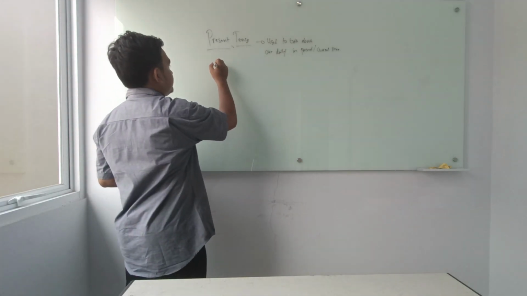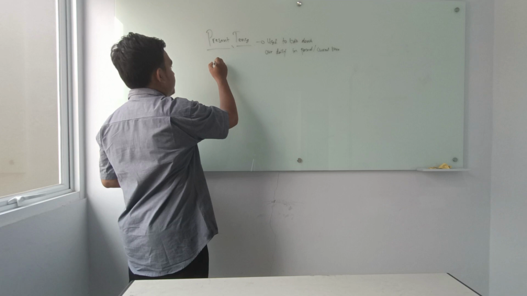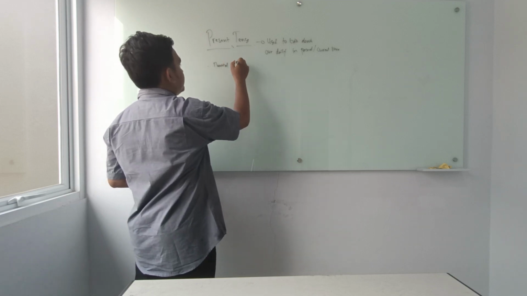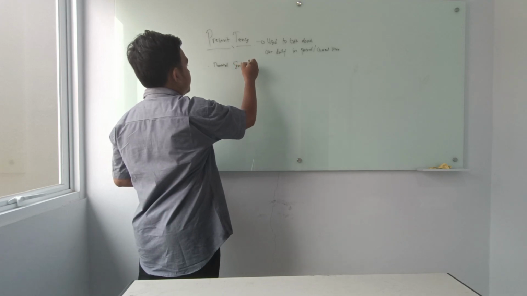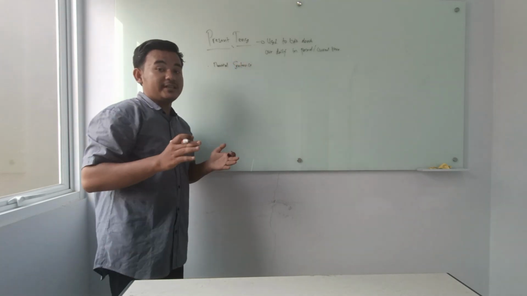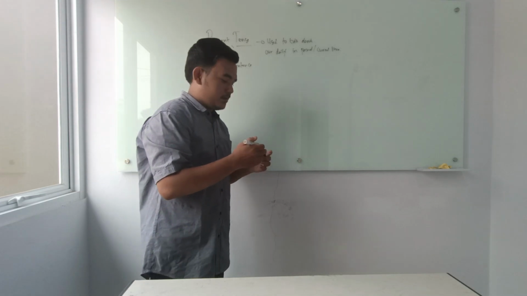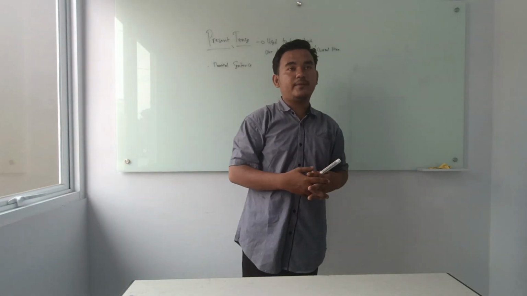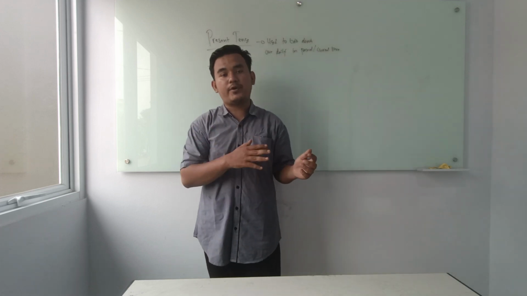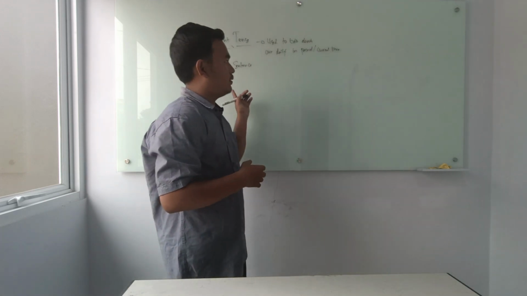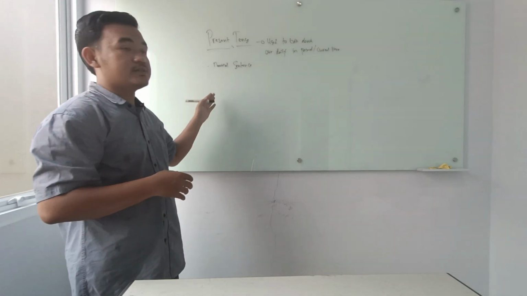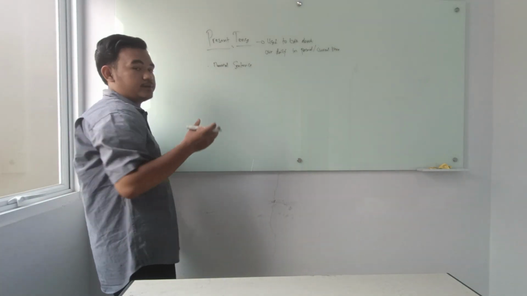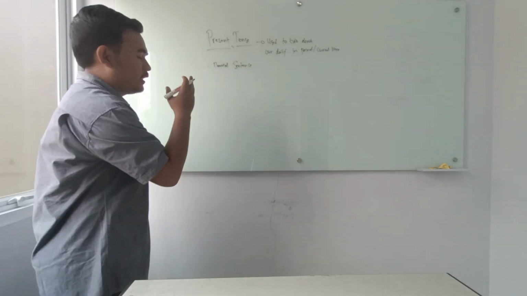In a nominal sentence, we don't need the verb, but we have an auxiliary verb that changes the verb we use in a nominal sentence, the auxiliary verb.